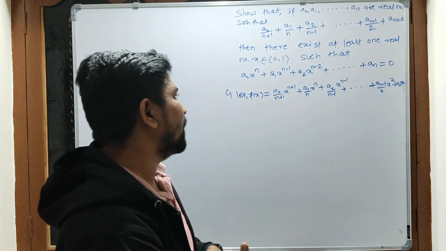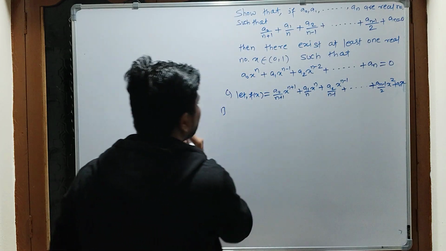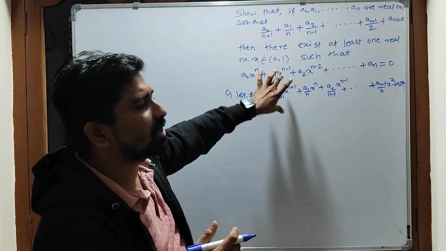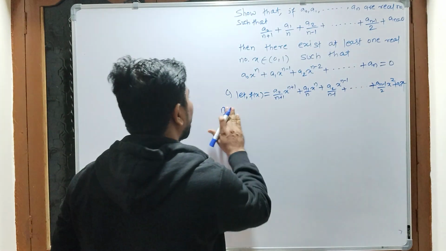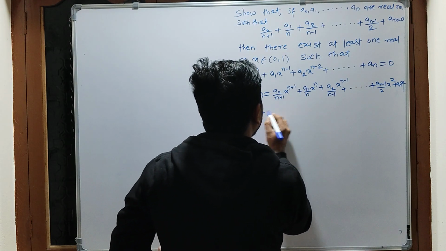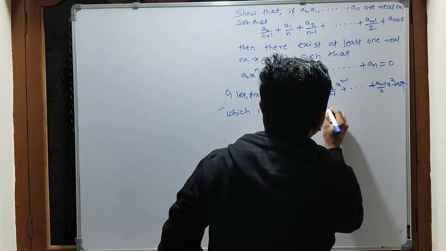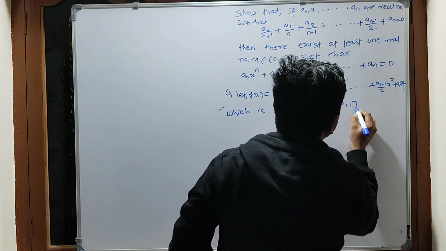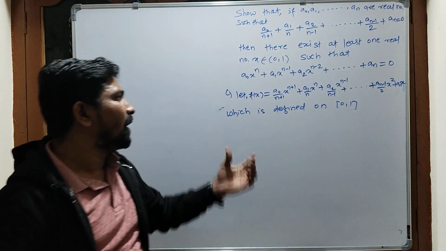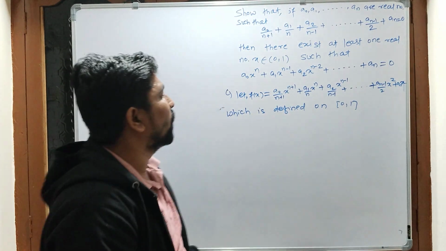Now the first condition of Rolle's theorem. Being an algebraic function, this function is continuous. It is defined on the closed interval 0 to 1. Here I am considering this function f of x, which is defined on the closed interval 0 to 1.